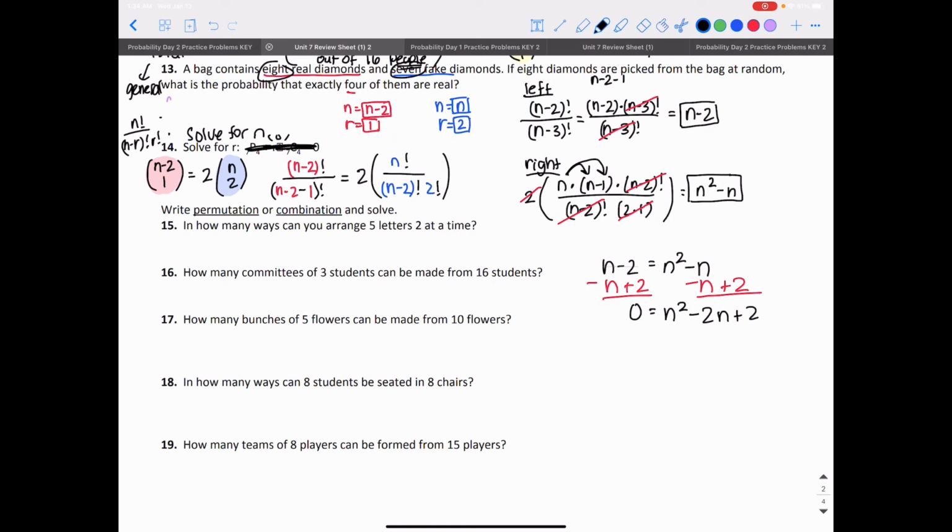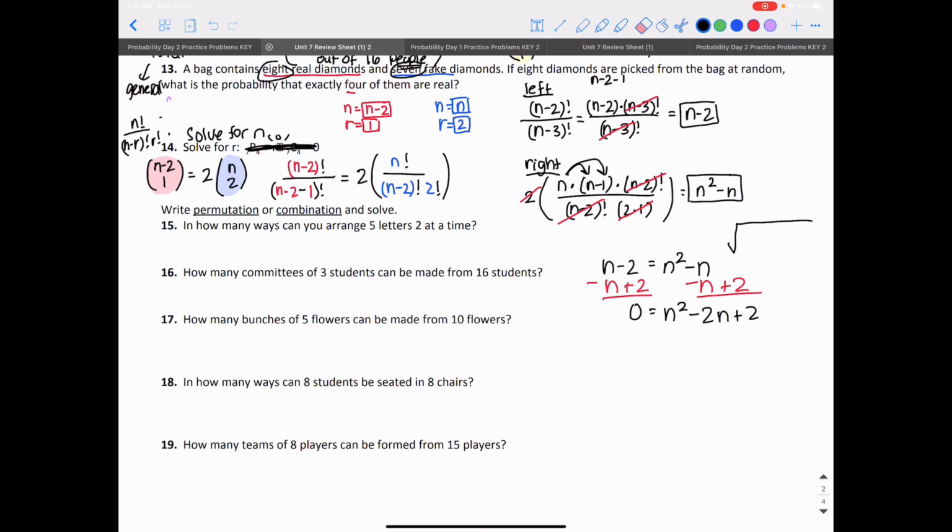If I try to factor that, I'm not going to be able to. I'm going to check my quadratic, because just looking at it, it looks like it's going to not be a real number. So I'm going to test if it's a real number or not by doing b squared minus 4ac.